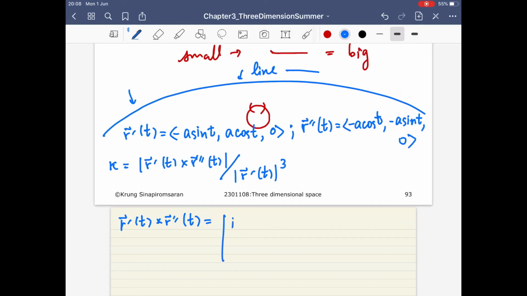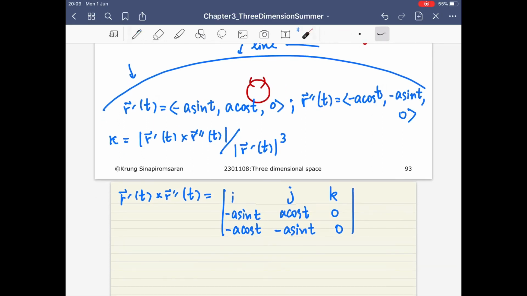The cross product will be i, j, k, and then negative a sine t, a cosine t, 0, and negative a cosine t, negative a sine t, and 0 for r double prime.